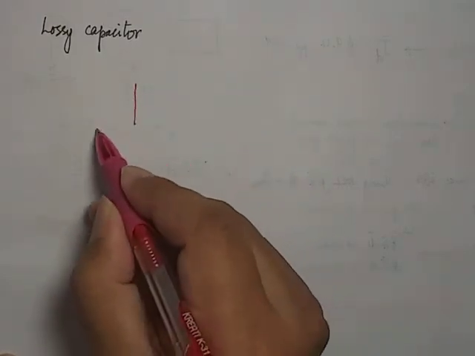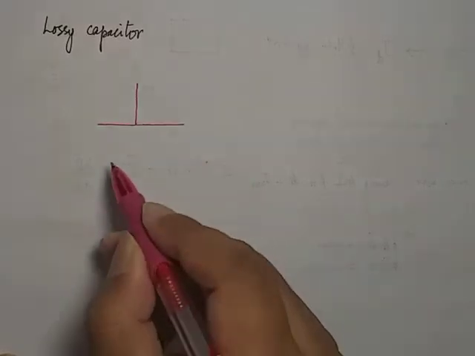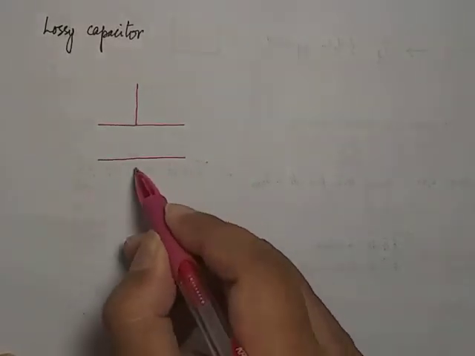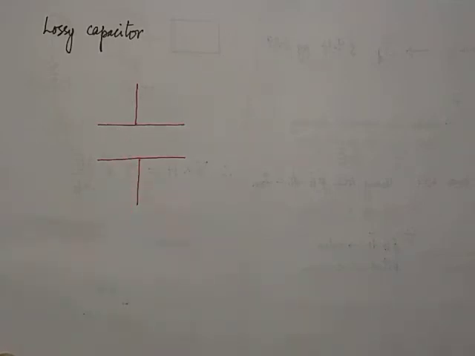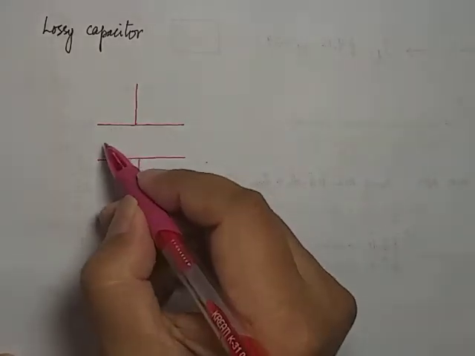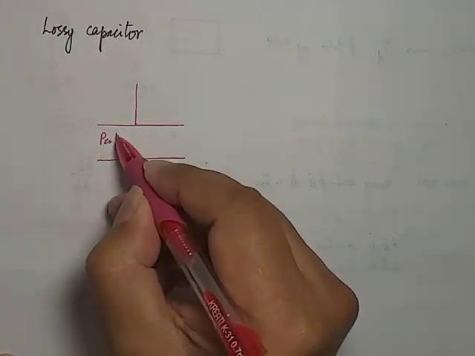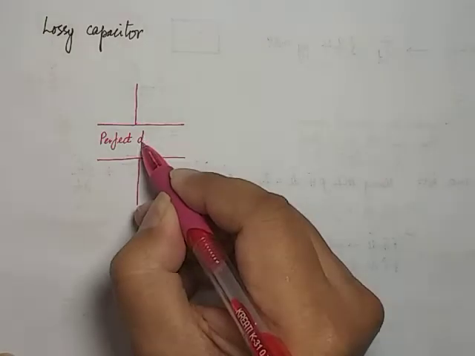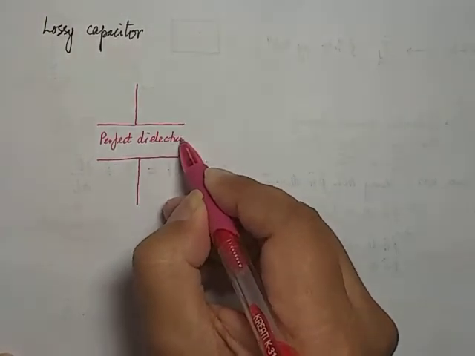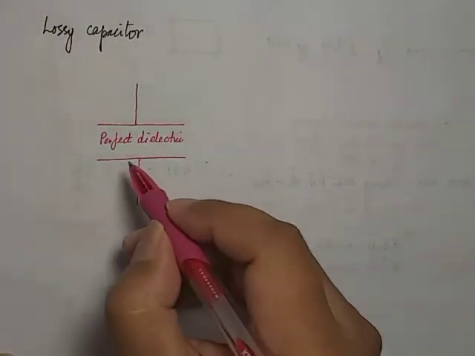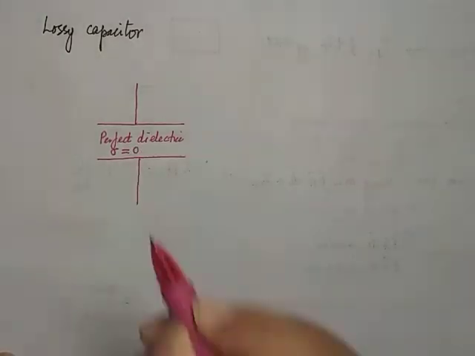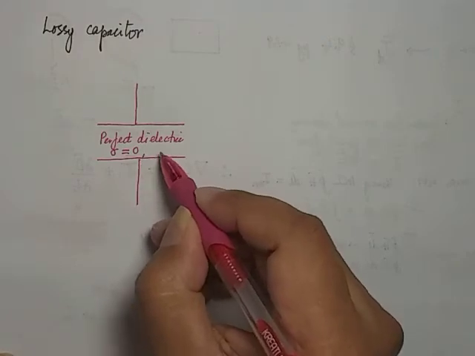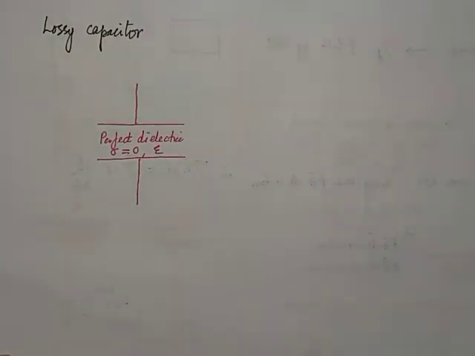Let's take the simplest model of capacitor, the parallel plate capacitor. You have a conductor, isolated by dielectric, and we call this dielectric a perfect dielectric, where a perfect dielectric is represented by sigma always equal to 0, and we define the permittivity as epsilon, as we've seen before.